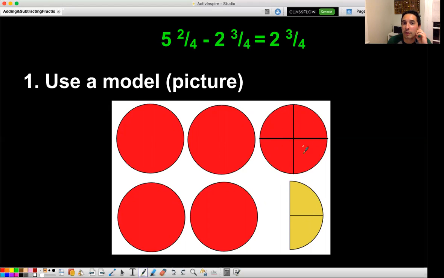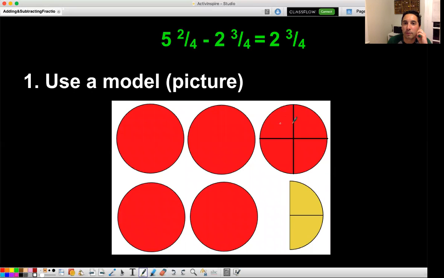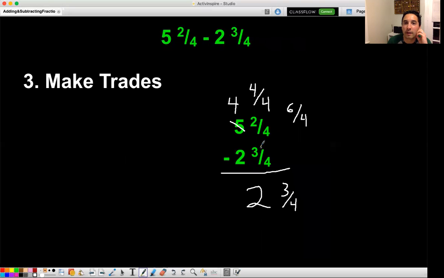So I'm using this model, this picture, to do the same strategy. So here it says 6/4. Well, where are 6/4 here? 1, 2, 3, 4, 5, 6/4. These are my 6/4 here. And so then I can take away 3/4 and have 3/4 left over.